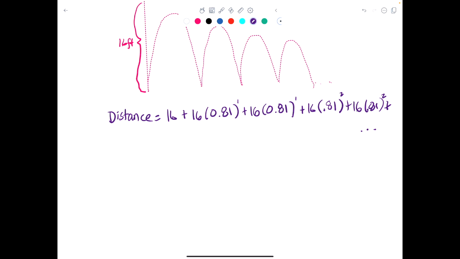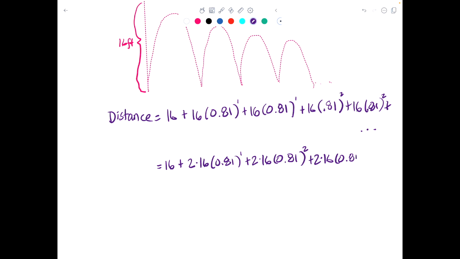So if you think about it, you have 16 plus 2 times 16 times 0.81 to the 1, plus 2 times 16 times 0.81 squared, plus 2 times 16 times 0.81 cubed, plus dot, dot, dot.